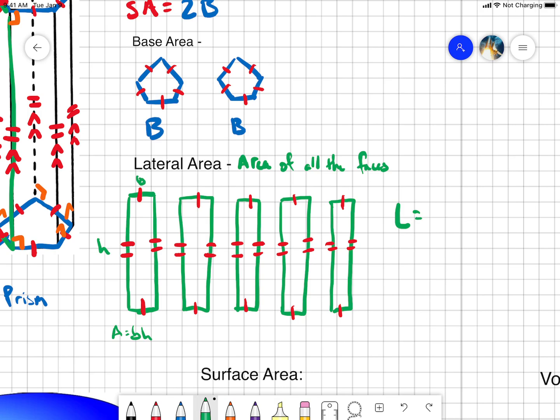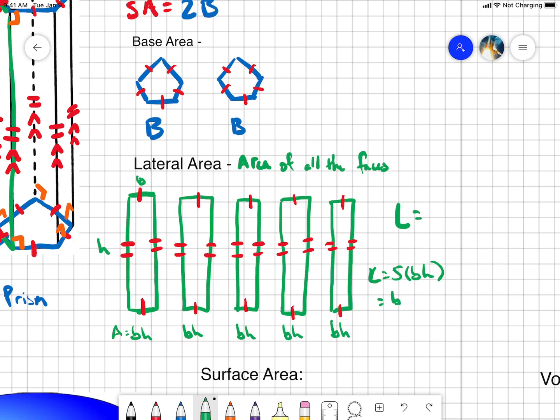And I've got base times height, base times height, base times height, and base times height. How many different base times heights are there? 5. So the total area for this one would be 5 base times height.